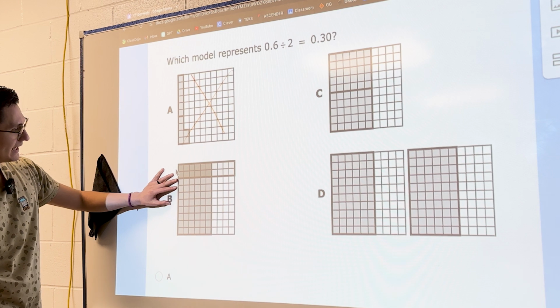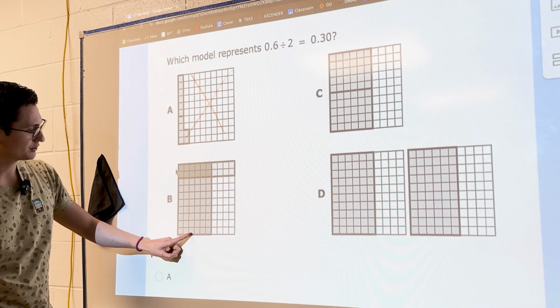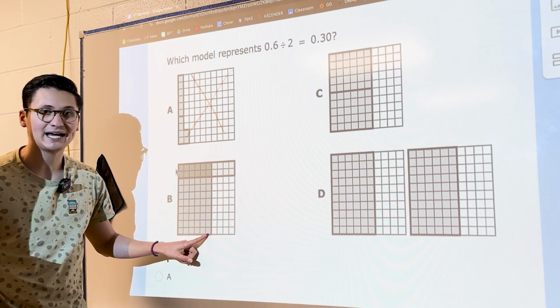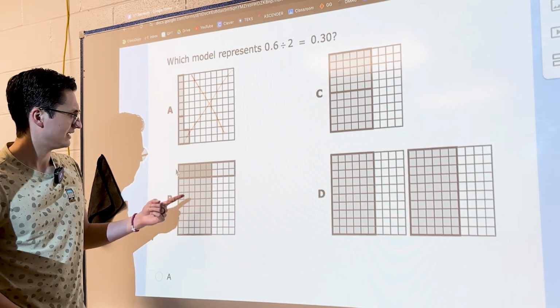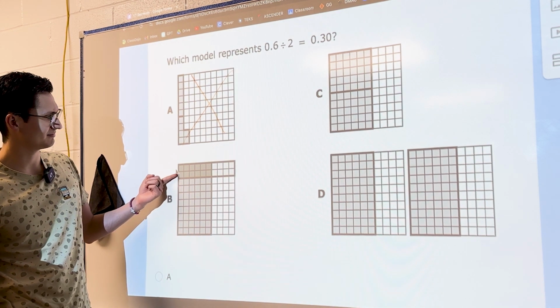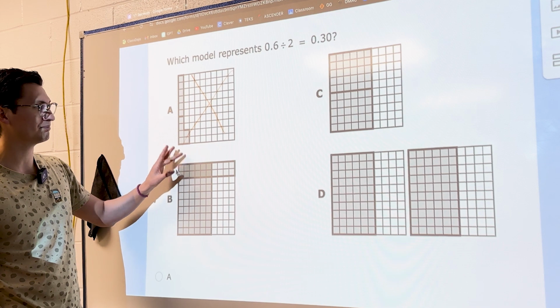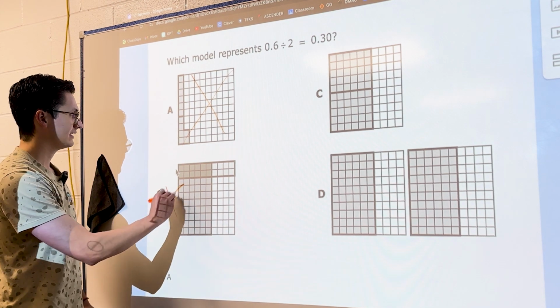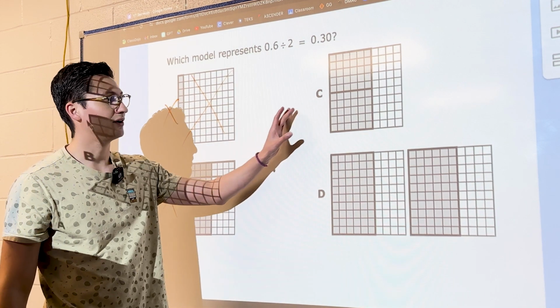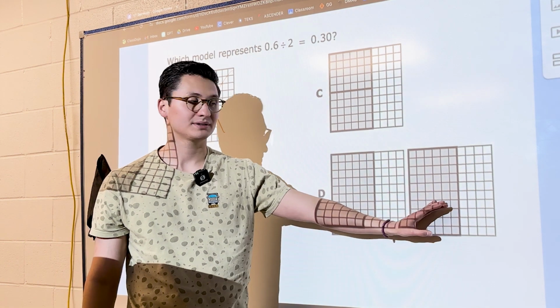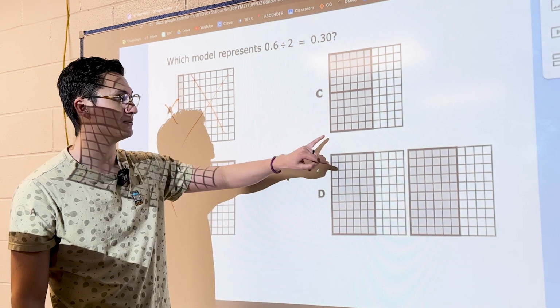How about here? We have 1, 2, 3, 4, 5, 6. We have 6/10. And it looks like, I don't even know what's going on here. These two are completely off. These two over here are the ones that are gonna be a little bit closer. These are the tricky ones.